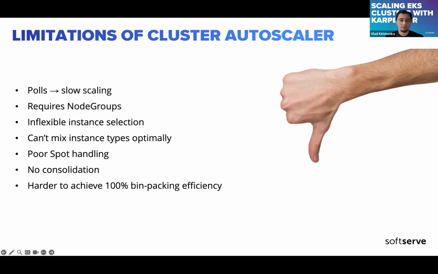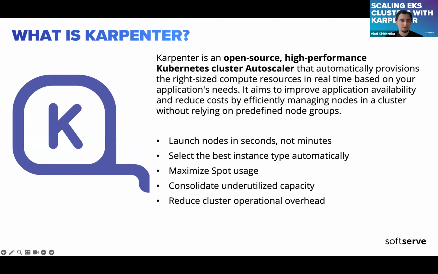You can focus more on application optimization than on infrastructure optimization, because Karpenter has a lot of capabilities and a lot of complex considerations under the hood. Let's see how it works.